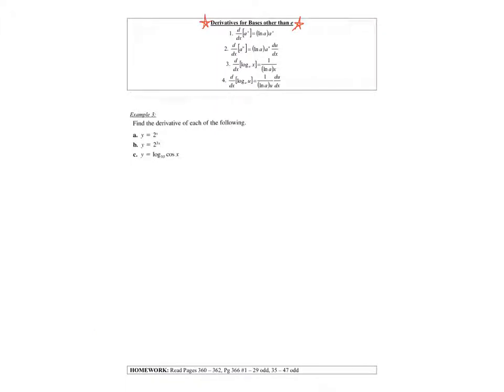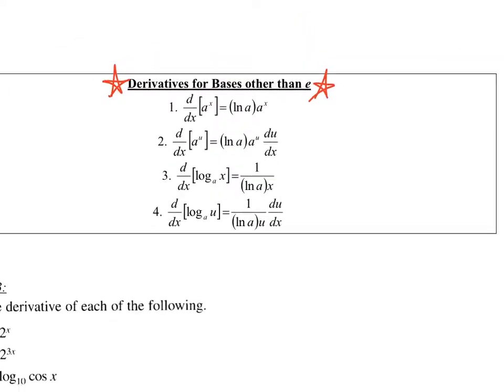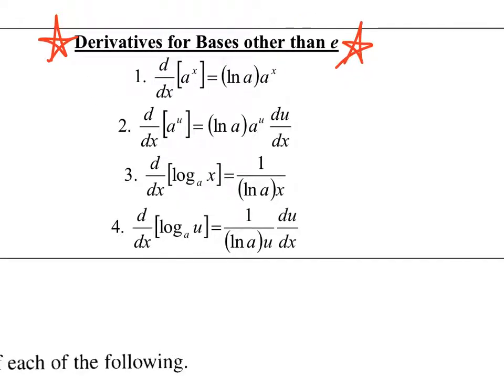Alright, so that brings us to our last part here, which is derivatives for bases other than e. Now these rules here can all be derived based on the things that we just saw earlier. Okay?